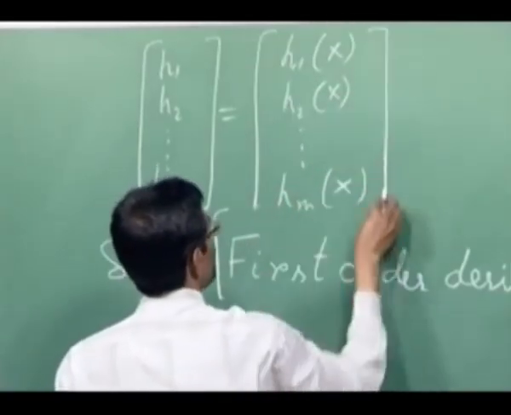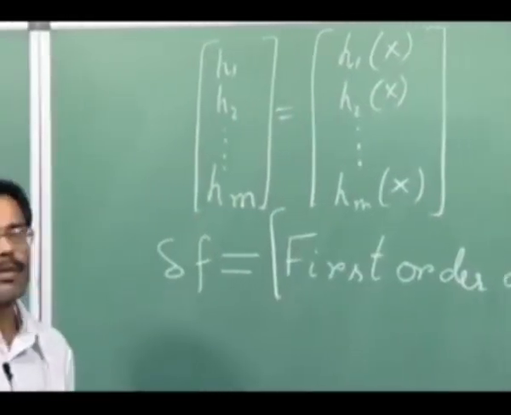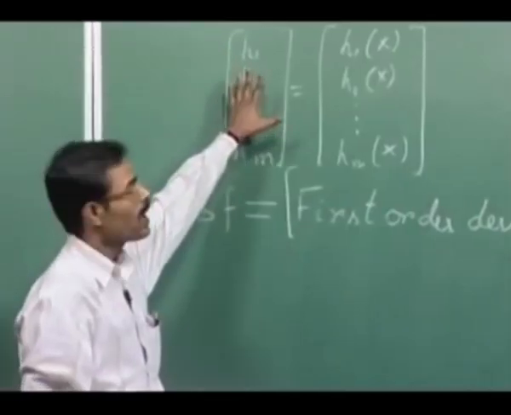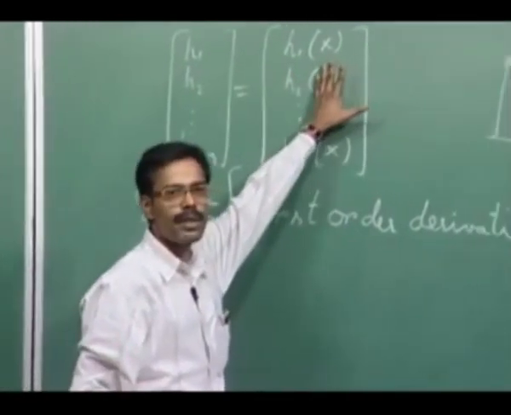Like this. So, here the function itself is also a vector and the independent variable is a vector variable.